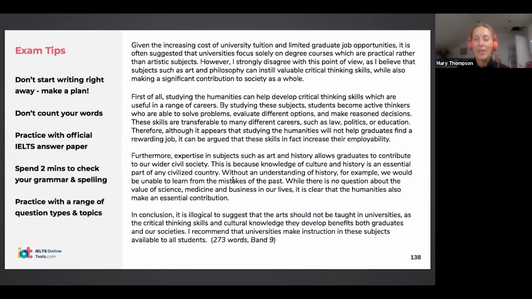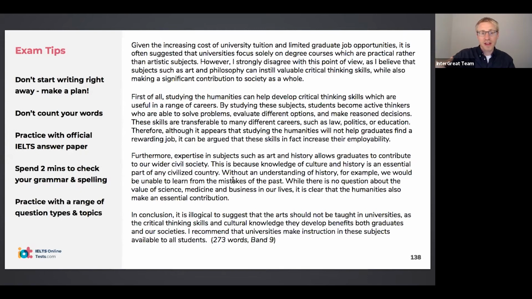I was just going to say also it allows you to show a wider range of vocabulary. If you're showing that you know different concession phrases, that will enable you to score higher in that section as well. Yeah. I know that some teachers recommend for the to what extent question writing 3 body paragraphs.